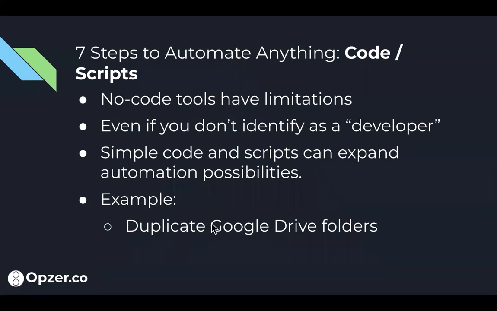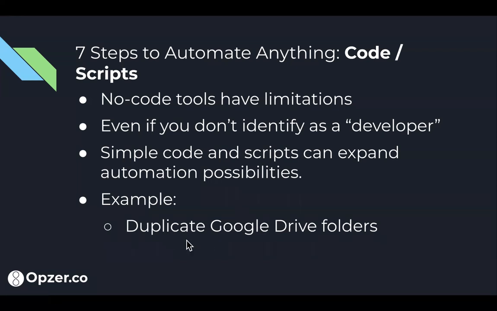And even if you don't identify yourself as a hardcore developer that knows the ins and outs of a particular programming language, I would still encourage you, if you're a business owner still doing the automation yourself in your business, to not necessarily shy away from this, because typically the scripts that need to be created for automation purposes aren't as complex. They're not 300-line pieces of code. They're typically simple code that allows you to do certain things.